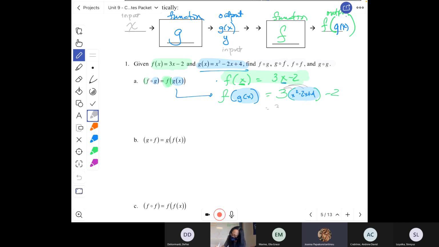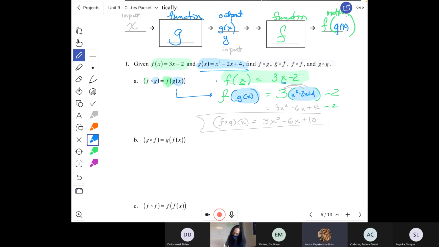So that would give me 3x squared minus 6x plus 12 minus 2. Combine like terms so that you can give me f composed with g. What would it be? Oh, it would be 3x squared minus 6x plus 10. That's it. Not hard.